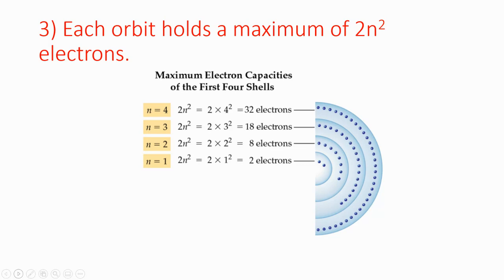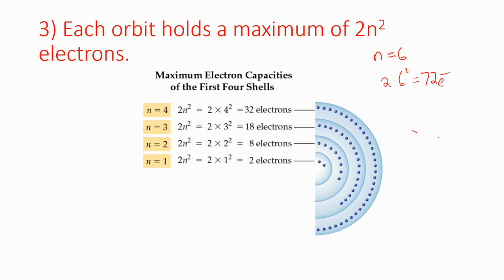In other words, if I look at the principal quantum number and I square it and multiply it by 2, that's the maximum number of electrons you could see in an orbit. So if I'm in the n equals 6 shell or orbit, then that shell could hold 2 times 6 squared electrons, which is 6 squared is 36 times 2, 72 electrons go into the sixth orbit.